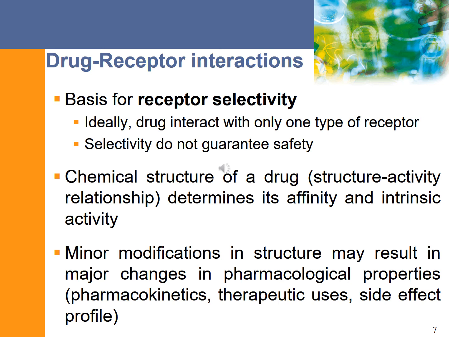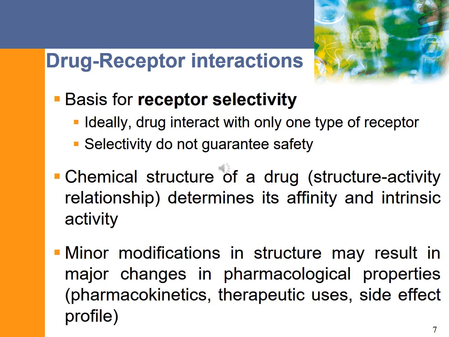Or maybe you can give a lower dose; instead of giving it 2 times a day, giving it once a day would be better. So that's how they can make some minor modification in the structure, which can lead to major changes in the pharmacological properties.